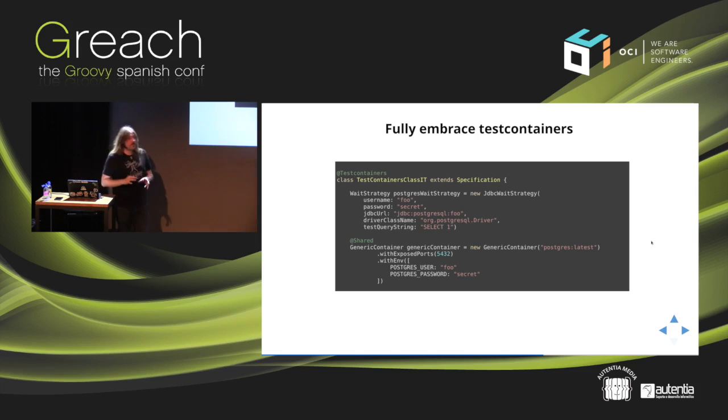So then I thought maybe there is another approach here, and I totally switched the way the Spock extension works. I only have one annotation here, TestContainers, and what this extension will do is allow Spock to scan the specification before running the tests.